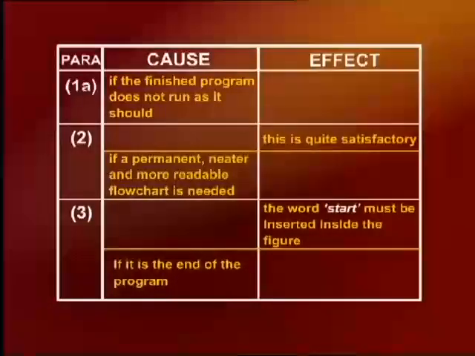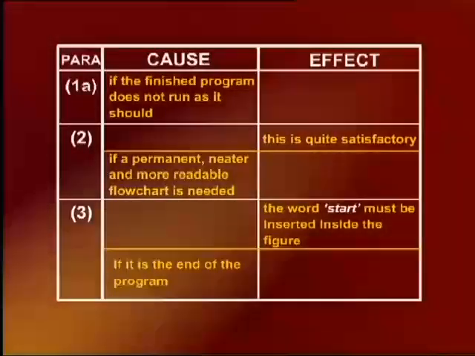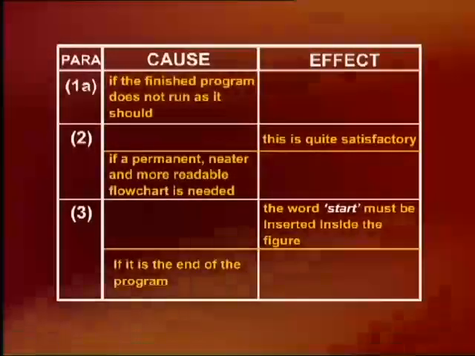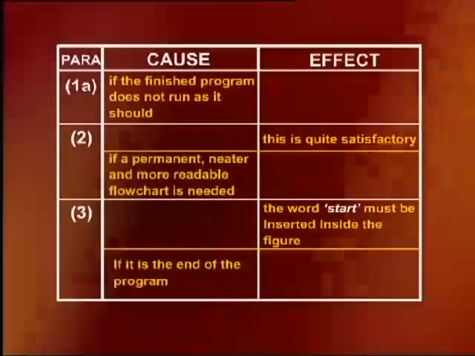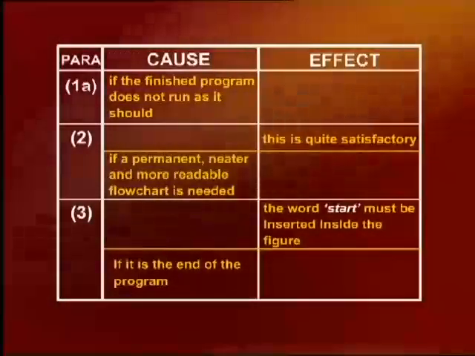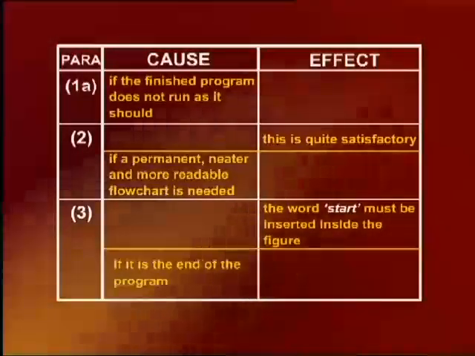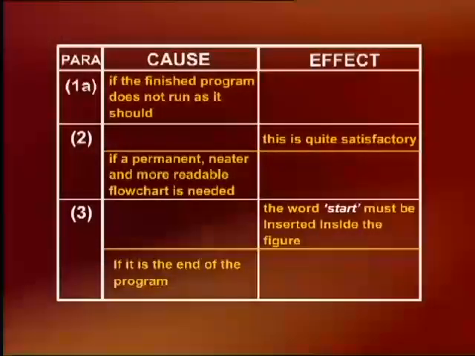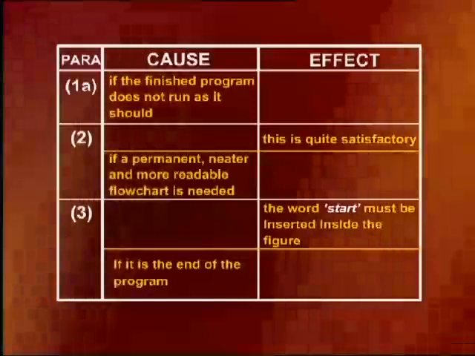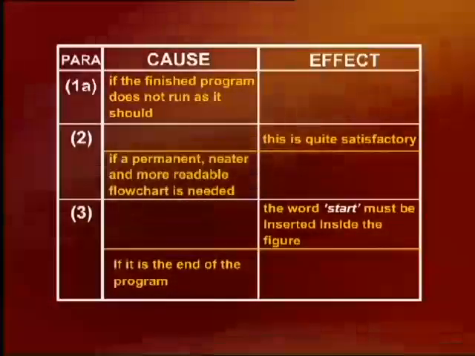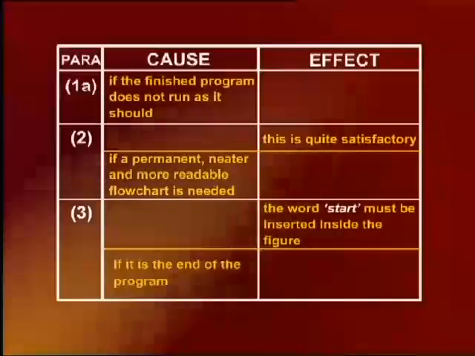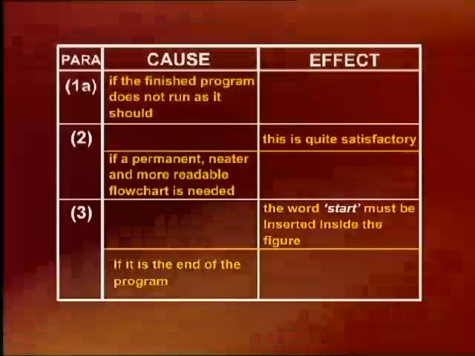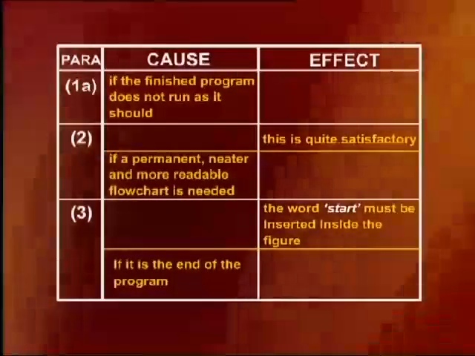In paragraph 1, the cause is given: if the finished program does not run as it should. What is the effect? Look for the words that show the effect of the finished product: the errors are more easily detected on the flowchart. Number 2, the effect is given: this is quite satisfactory. What is quite satisfactory?